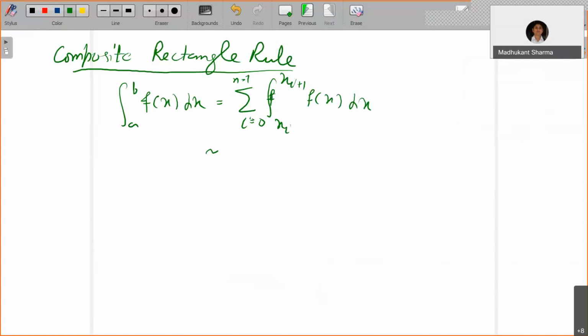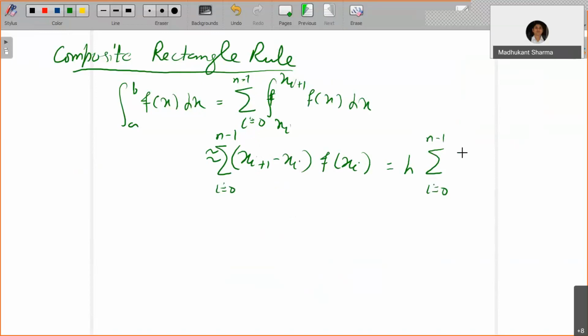Now this is going to be the length of each subinterval, x_{i+1} minus x_i, times the f value at the left-hand point x_i, summation i equals 0 to n minus 1. Now if you take x_{i+1} minus x_i equal to h, that is going to be h times summation i equals 0 to n minus 1 f at x_i. Okay, right. So this will give the composite rectangle rule.